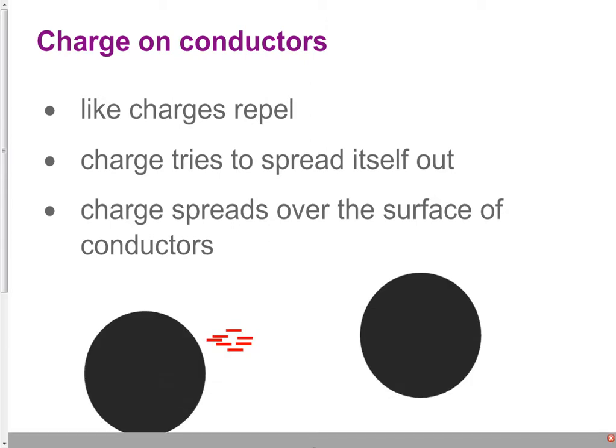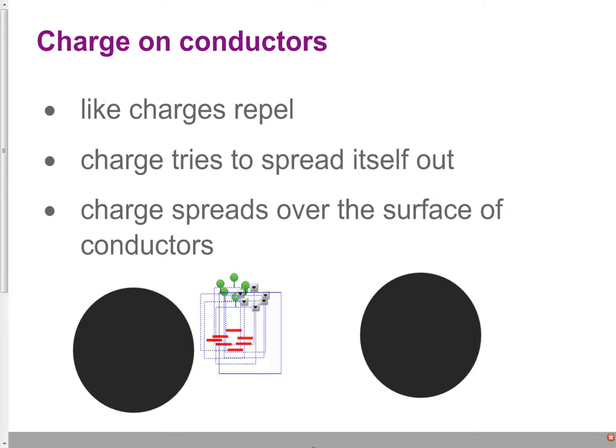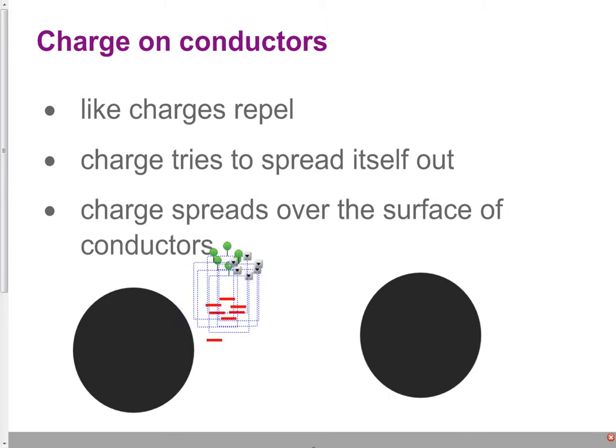So if you imagine over here, I've got a sphere which I've made conducting. Might be a ping pong ball which you can coat in graphite to make it conductive. If I were to plonk a load of electrons on this otherwise neutral sphere, perhaps from something I just rubbed with a cloth, what are all these electrons going to do?